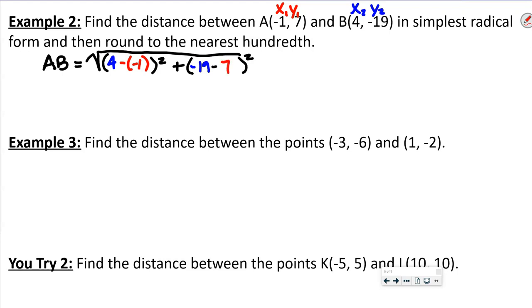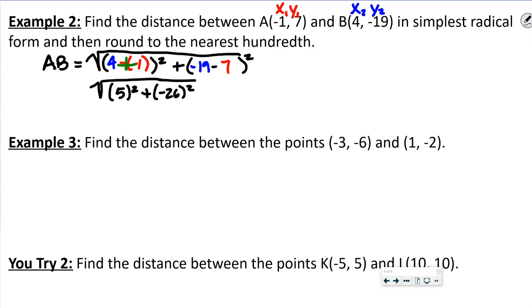So we're going to simplify what's in these parentheses. You can take an extra step here, but if I see two negatives next to each other, I just make that a plus, okay? So for our next step, we have 4 plus 1, which is 5 squared. And for this, remember, if you have two negatives, it just makes a bigger negative, right? So this can be -26 squared.